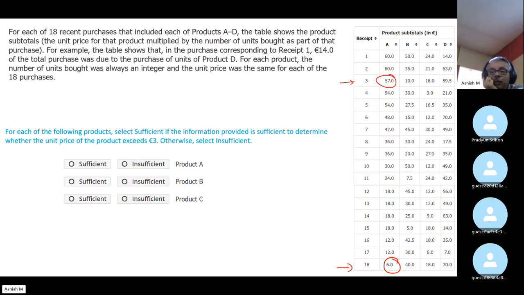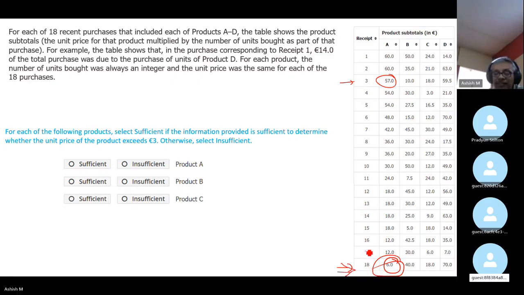I'm just saying with respect to the question, as they are asking whether the cost price is, suppose, 3. How do you know it's the minimum quantity, Divya?